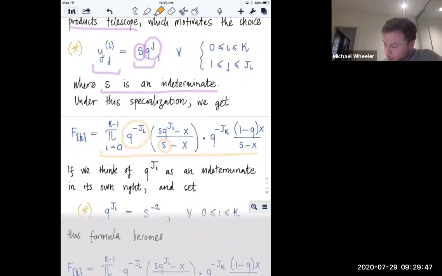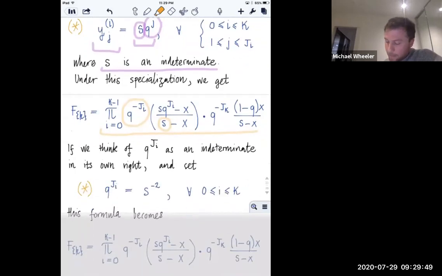Okay, so that's the expression that we get. And there's one more important step. When we look at this thing now, we actually see that this thing has become a rational function in this variable itself. So actually q to the j, for each of those cardinalities, has become like a variable in its own right.